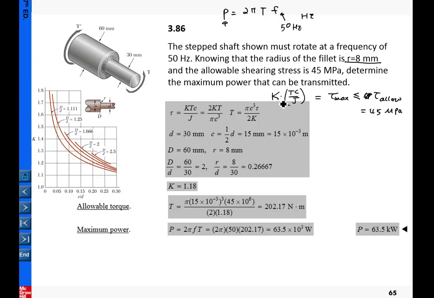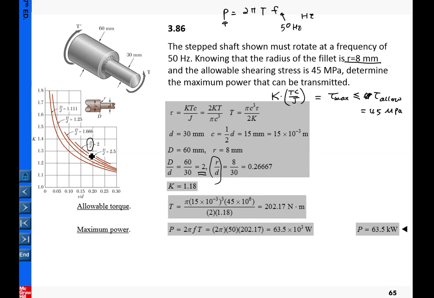And so K, what is K? Let's determine K. From here we can determine D. We need this quantity, for this quantity equal to 2 here. So we simply pick this curve, and then r over d here is 0.26, about 2.7. So here we can look at here, that is about here.